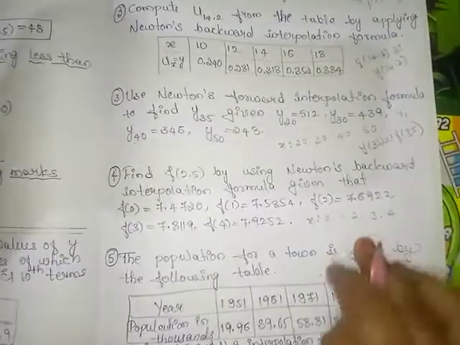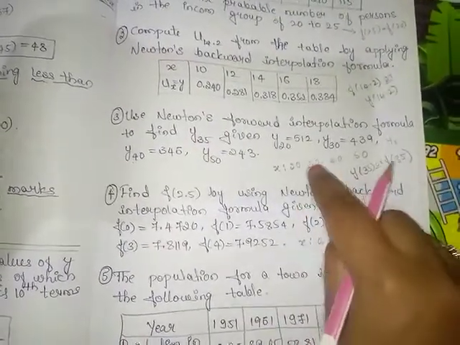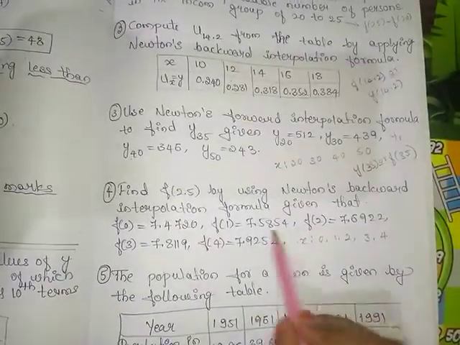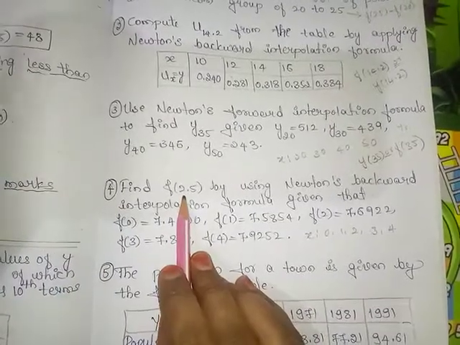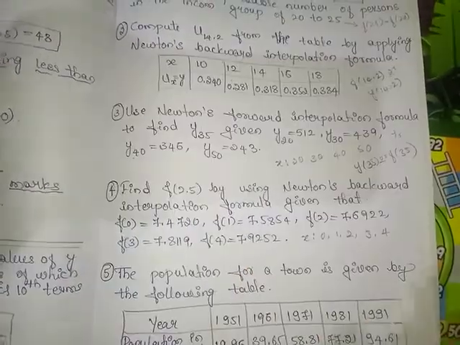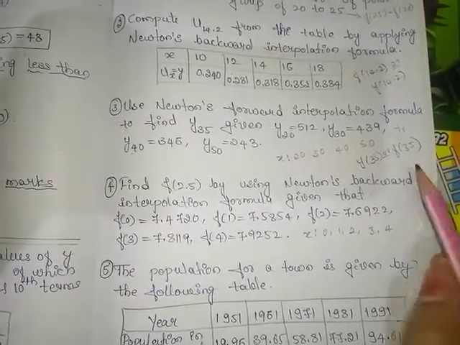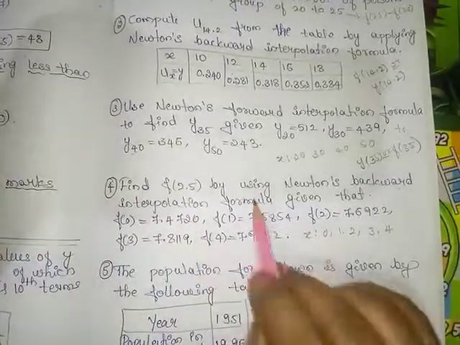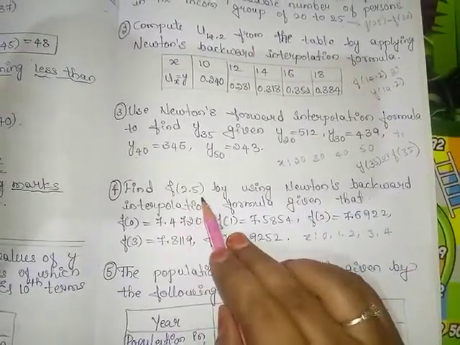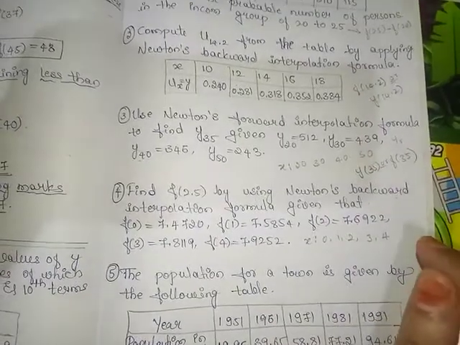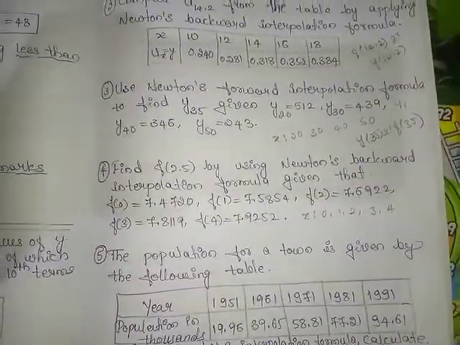These are the values of x, means x0, x1, x2, x3 and x4, and these are the corresponding values of y. You have to find f of 2.5. Here also they have directly mentioned the formula which you have to use, that is Newton's backward interpolation formula. Use this formula, find f of 2.5. First construct the difference table, then use Newton's backward interpolation formula, find f of 2.5.